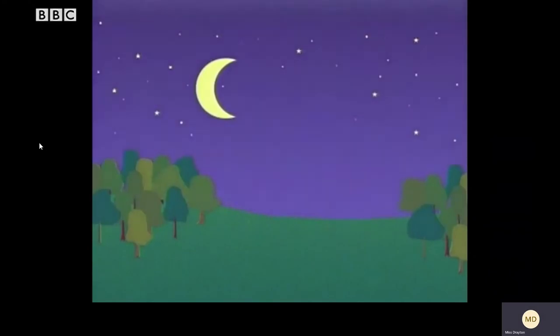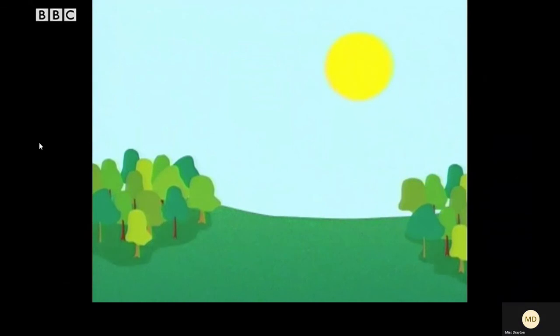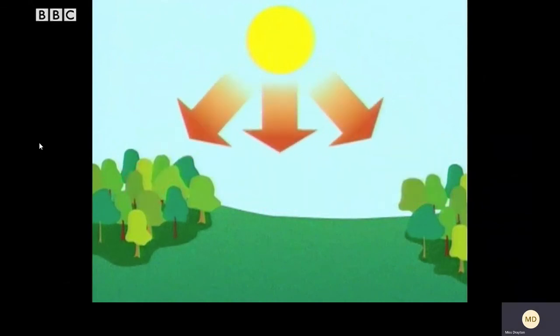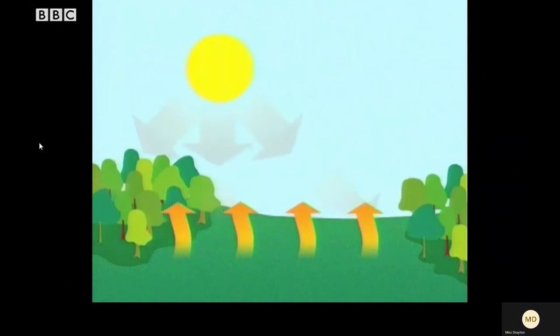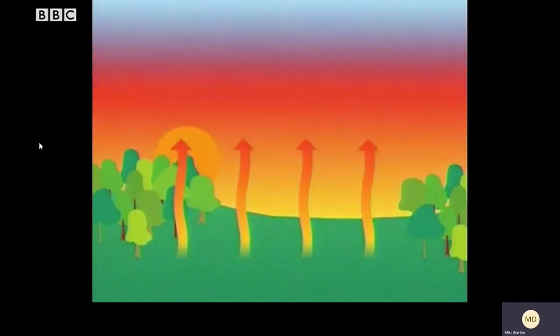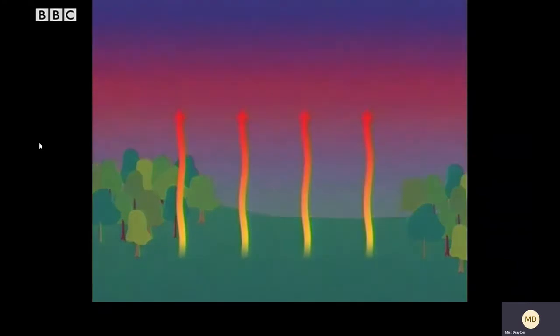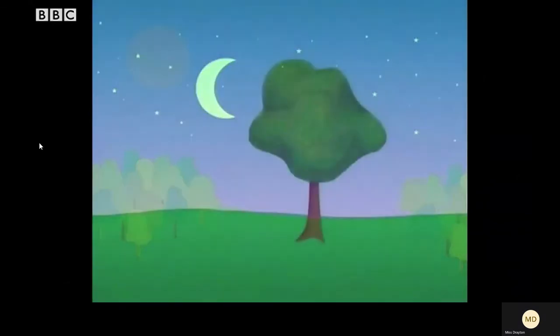At night there is no sun, so it's cool. As the sun rises, though, it heats up the ground and the air near it. By the middle of the day, the sun is at its highest in the sky. It's directly overhead, so the early afternoon is usually the warmest time. As the sun goes down, the ground is still warm, but as the evening goes on, everything becomes cooler, and it keeps cooling down overnight, so the coolest time is just before dawn.